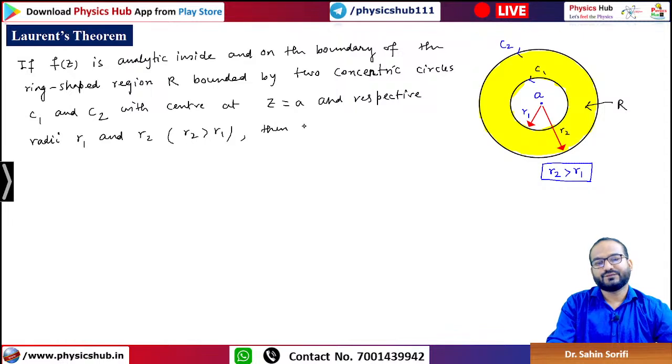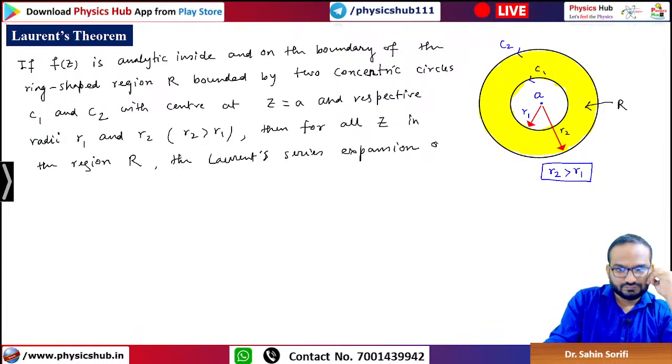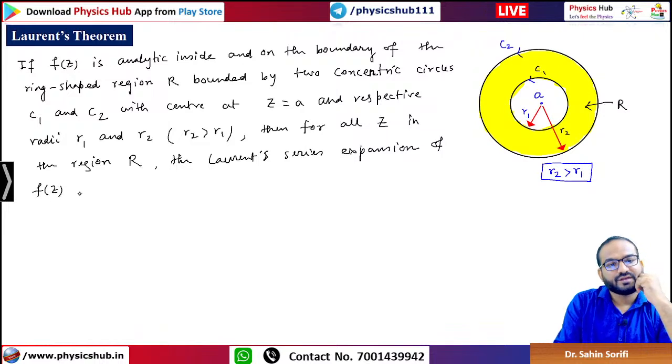Then for all z in the region R, the Laurent series expansion of f of z about z equals a will be, how will you write?